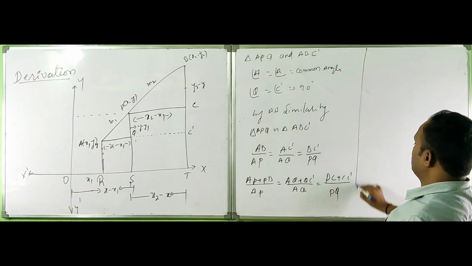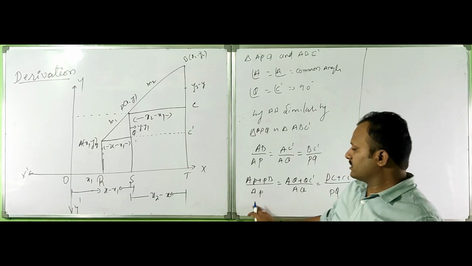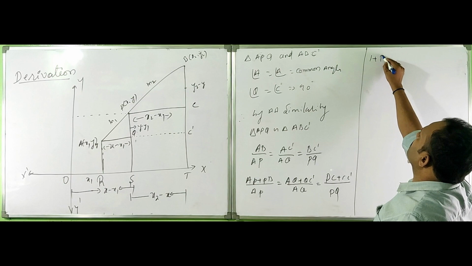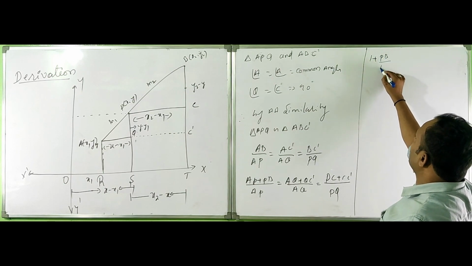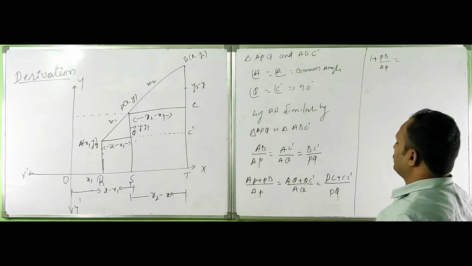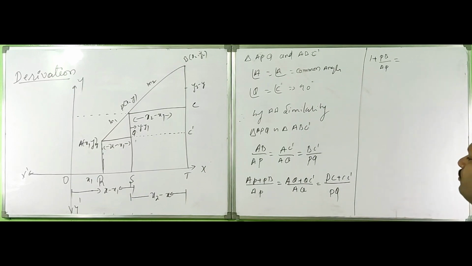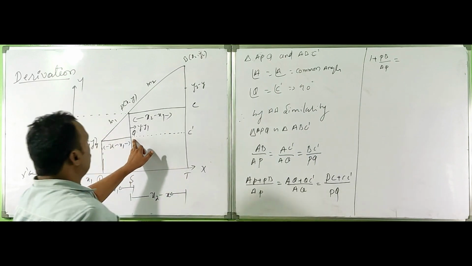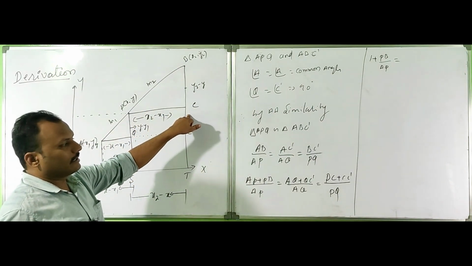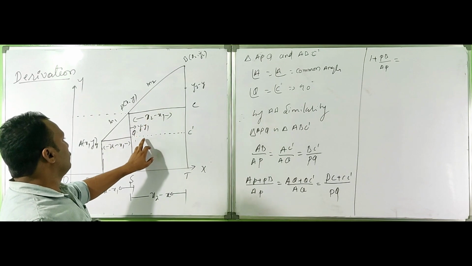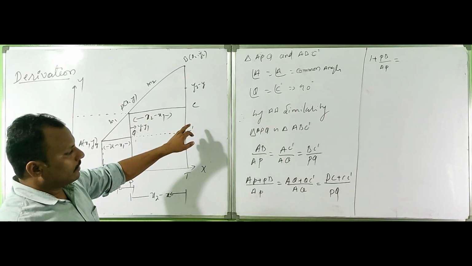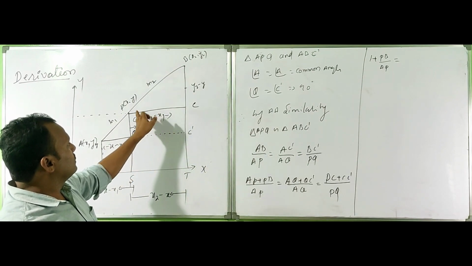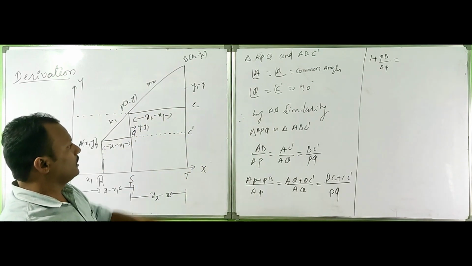This implies, next step: AP by AP cancels. I will write 1 plus PB by AP is equal to AQ by AQ cancelled. What is QC dash here? QC dash can be written as PC.